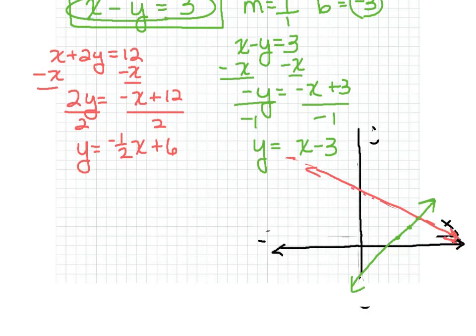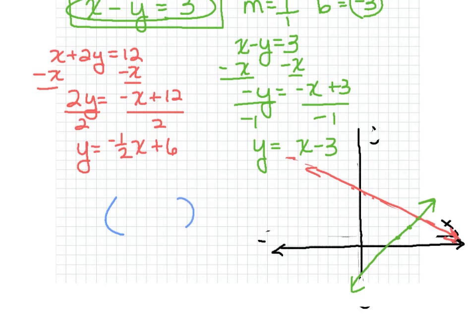Okay, so again, the first equation has a y-intercept of 6 and a slope of negative 1/2. The green equation, the second one, has a slope of 1 and a y-intercept of negative 3. And as you can see, these two equations intersect right there. Well, let's see what point that is.